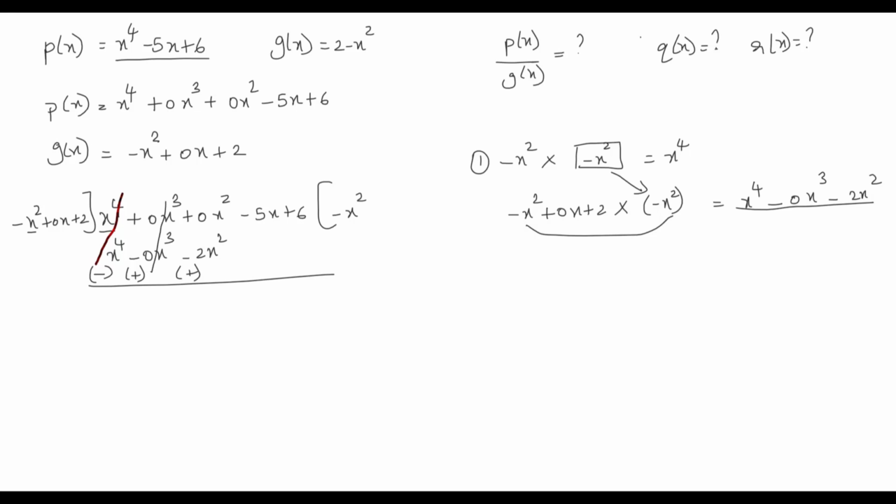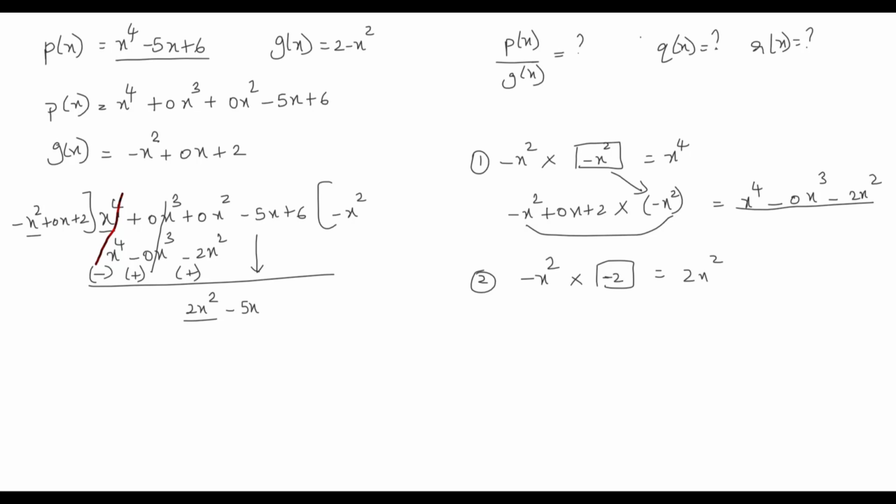Now 0x square plus 2x square will be 2x square, and bring this down, it will be minus 5x. Now following the same procedure, comparing minus x square with 2x square, we'll see what our quotient term should be. What should be multiplied to minus x square so that we get 2x square? Is it minus 2? Yes, minus into minus is plus, 2 into x square, 2x square.